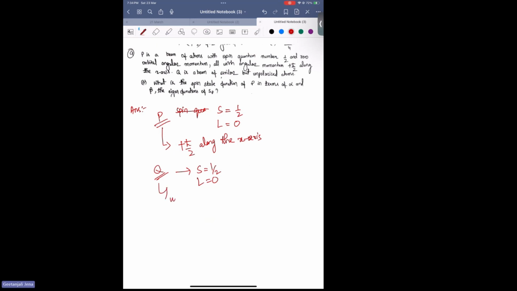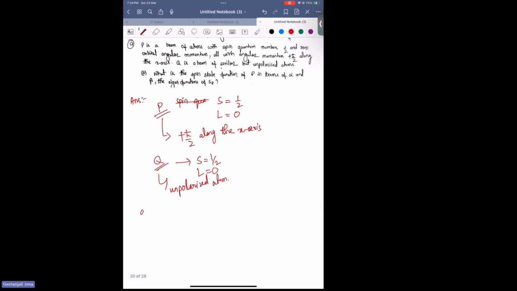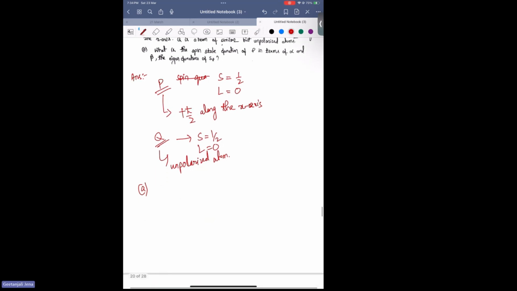Now let us see question A. What is the spin state function of P in terms of alpha and beta, where alpha and beta are the eigenfunctions of Sz? So it is asking about the spin state of the beam P in terms of alpha and beta.